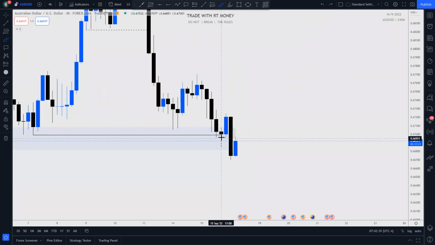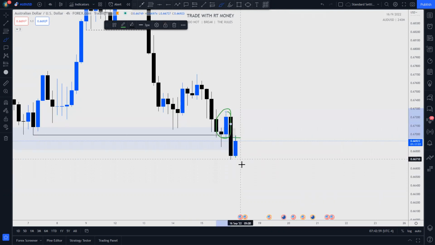Did it engulf the previous candles? This is pretty strong in that way, and I look for price to come back the next candle after the engulfing candle. I look for price to come back and trade into the base candle of this bearish engulfing pattern. And this one has done so and is pulling away.